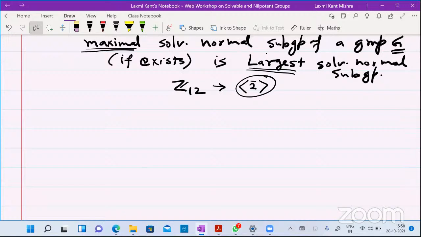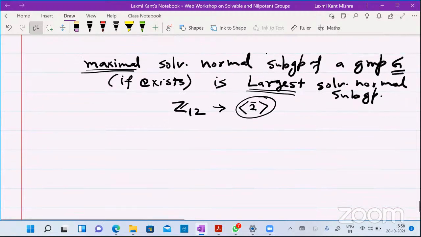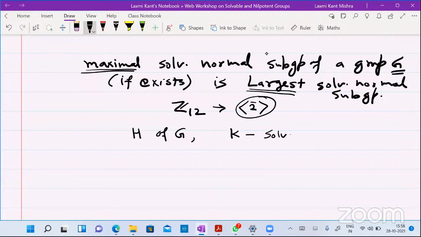So how will you show this result, that any maximal solvable normal subgroup of G is largest? Suppose you have some maximal solvable normal subgroup H of G, and suppose K is another solvable normal subgroup, and this H is maximal.